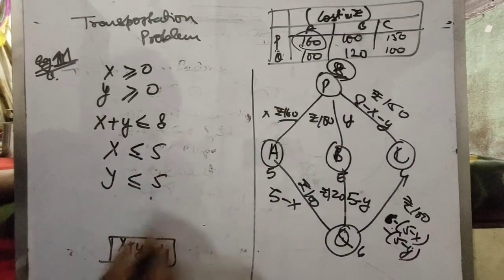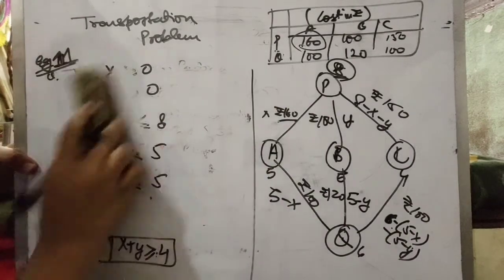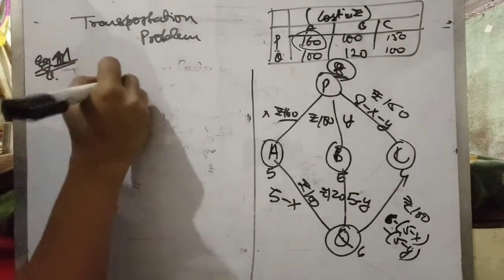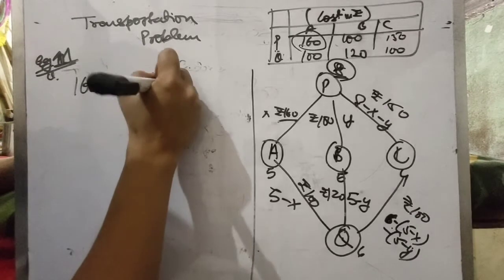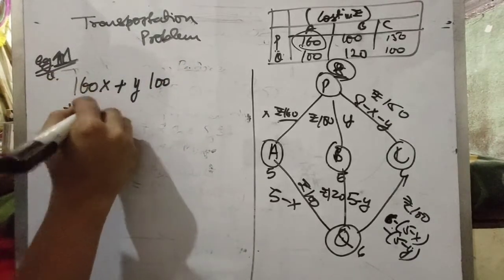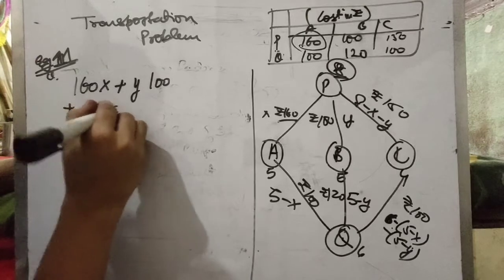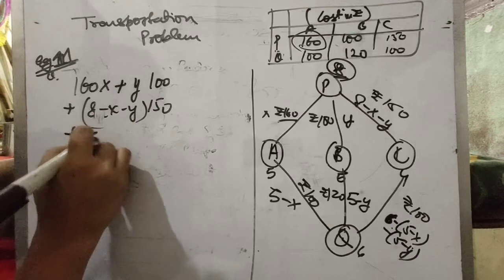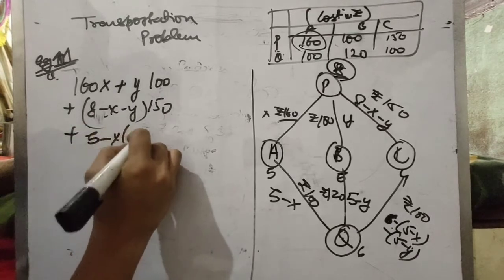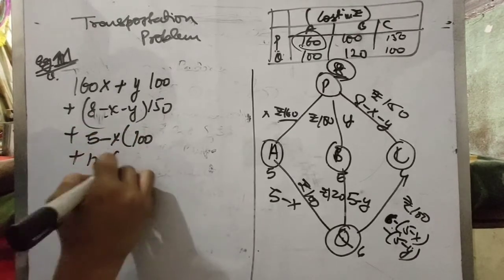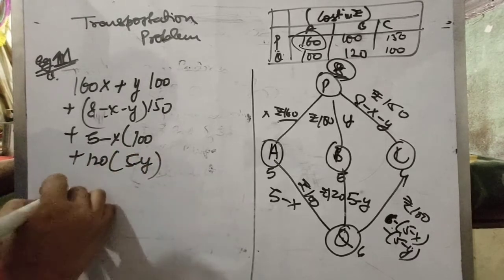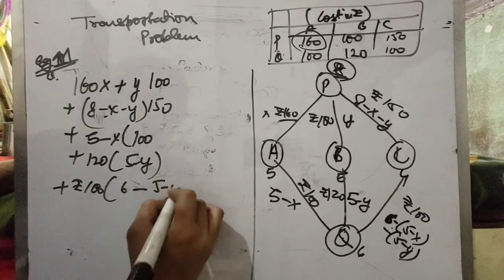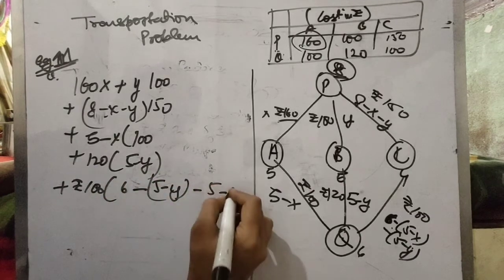For example, I'll write it here so that you are clear how to form it. 160 into X plus Y into 100 plus 8 minus X minus Y into 150 plus 5 minus X into 100 plus 120 into 5 minus Y plus rupees 100 into 6 minus 5 minus Y minus 5 minus X.